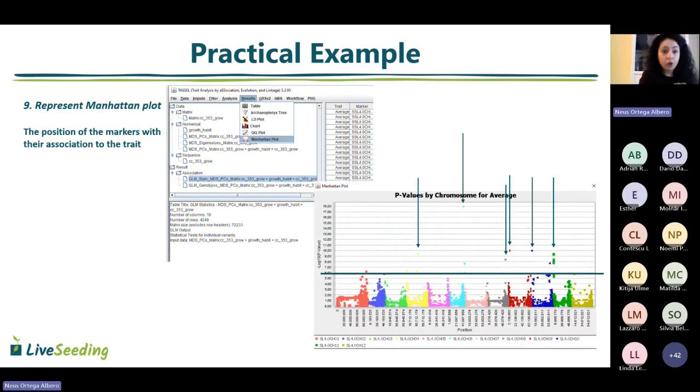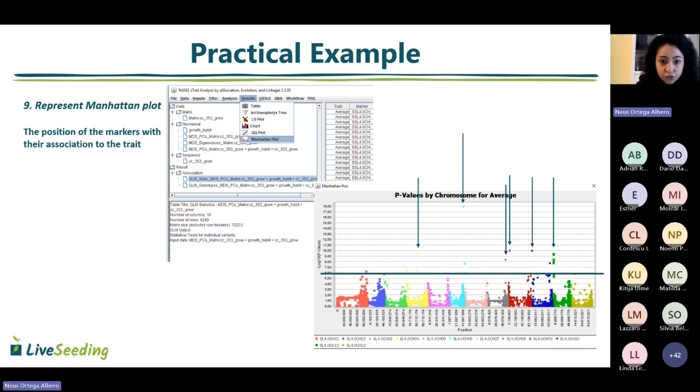And the other representation of this association between trait and genome would be the Manhattan plot. As you can see here, it is just each base pair sequenced, and after some filtering, each base pair represented along the genome.